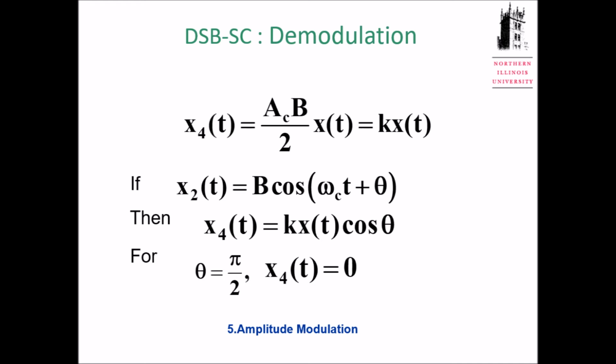Okay, so here my output of this receiver will be half Ac B. Ac is the amplitude of your carrier, B is the amplitude of your mixing signal. So if A and B are both equal to 1, it will be half. So that is why we use half.